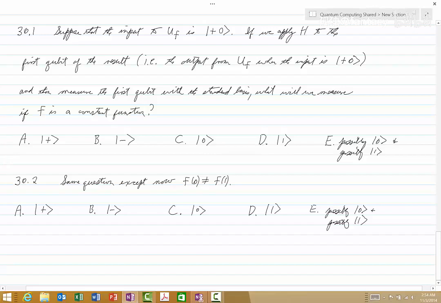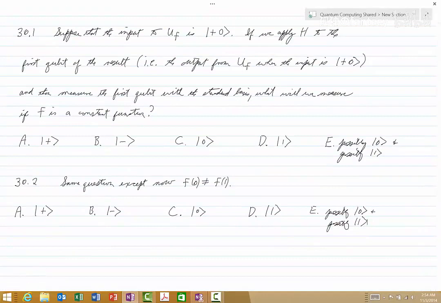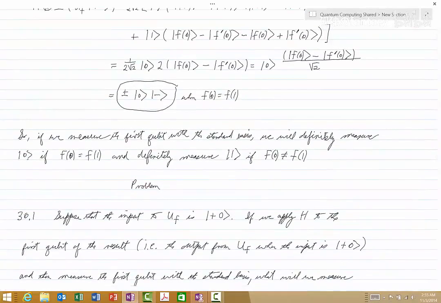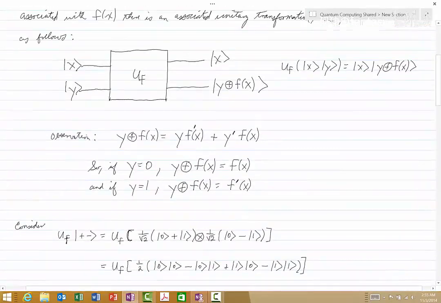So since I've had a little bit of hesitation in spelling out these alternatives for you, let's look at the problem one more time all together. What we have here is an input to this unitary transformation U_f, and U_f is just like we had in the lecture up here.